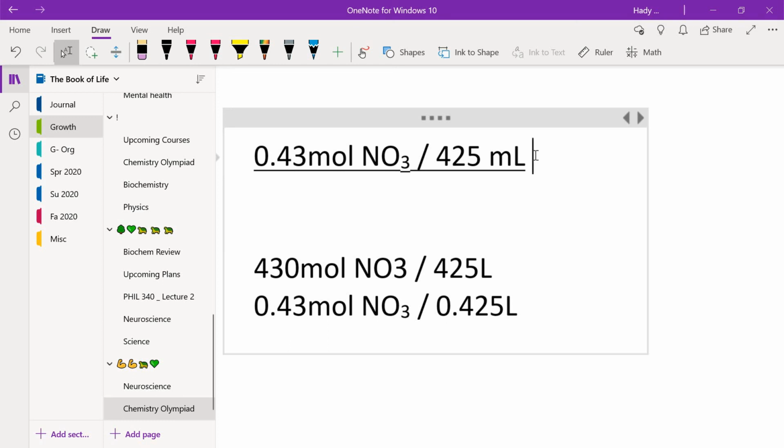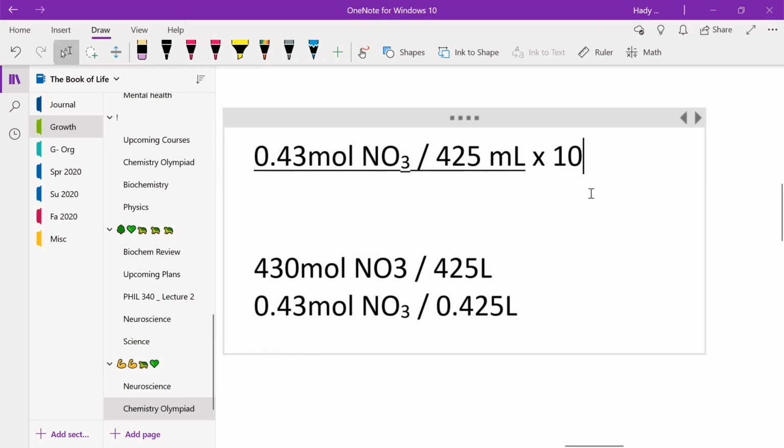the first thing you can do is just try to make the units make sense. Maybe try multiplication first and then try division, whichever seems right. So I'm going to start with multiplication.